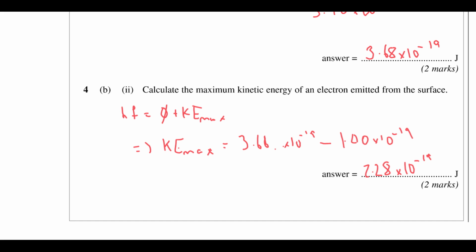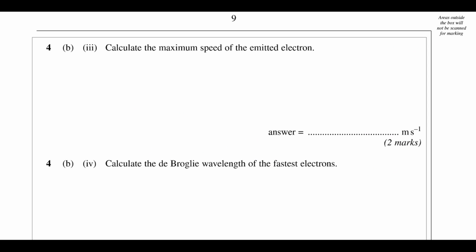Okay, so let's move on. So it wants us to then calculate maximum speed. So we're going to use your kinetic energy equation, half mv squared, where v is actually the speed. So to get the speed, we need 2 times the kinetic energy divided by the mass, square rooted.